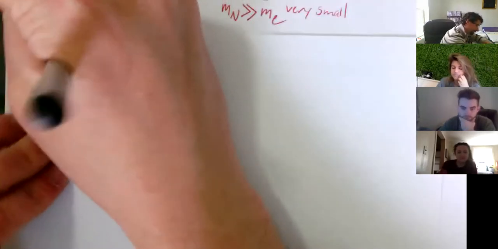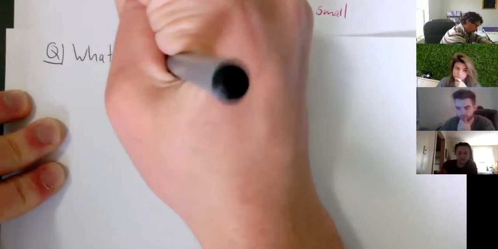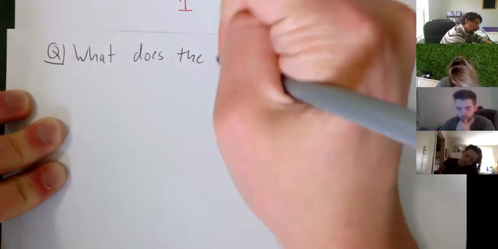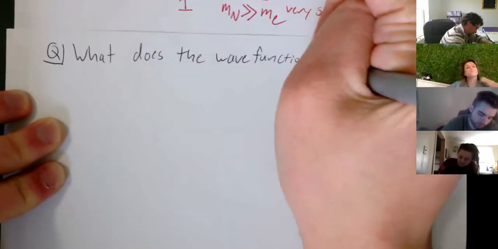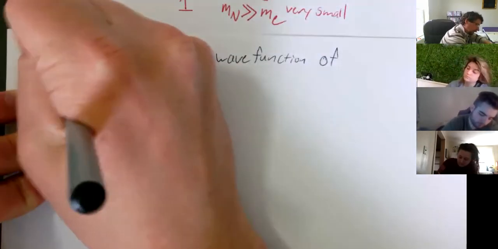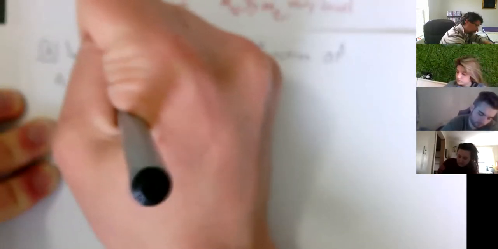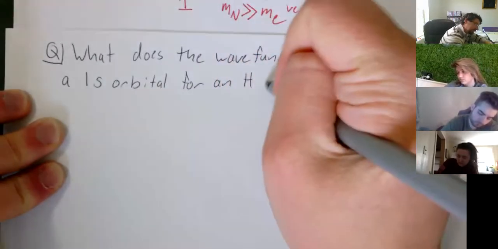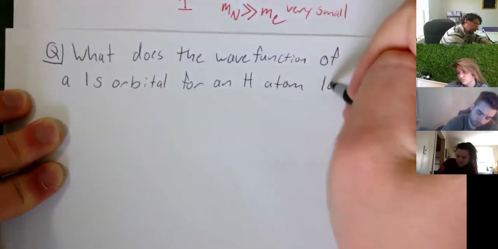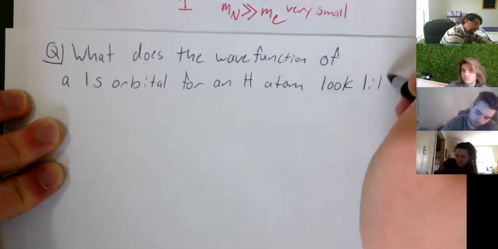All right, so first question. What does the wave function of a 1s orbital of an H atom look like?